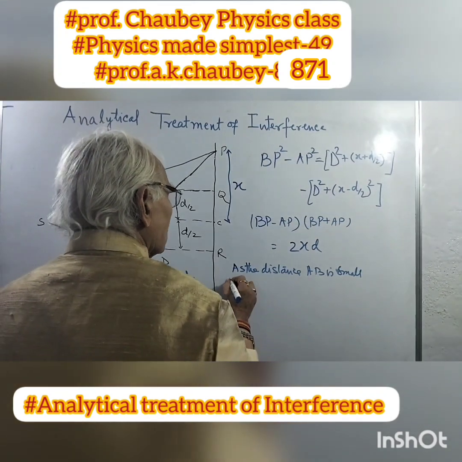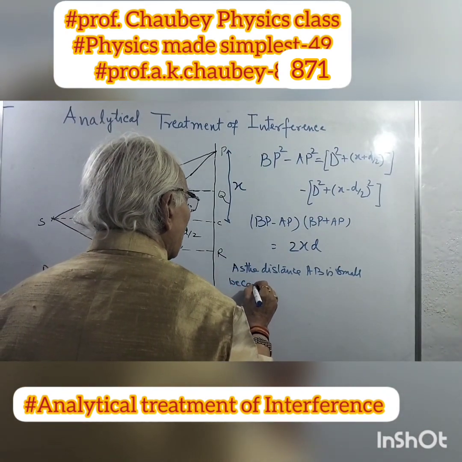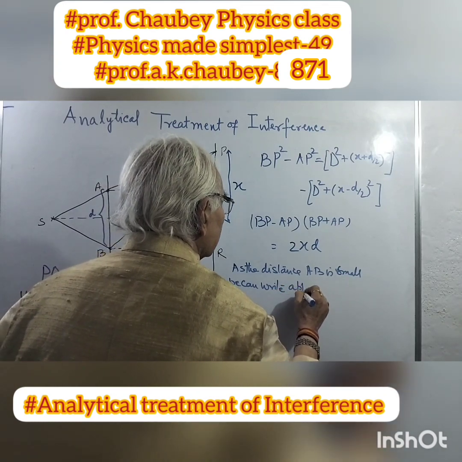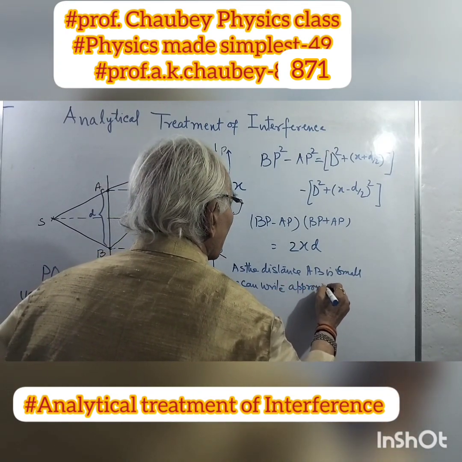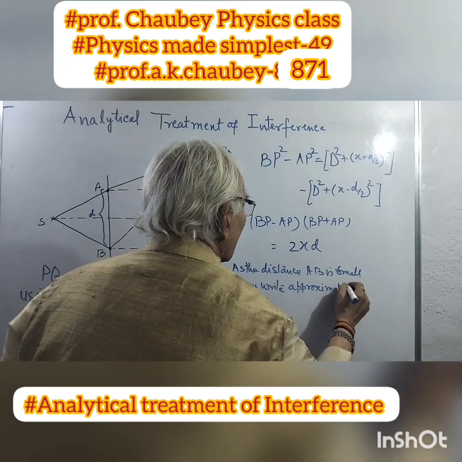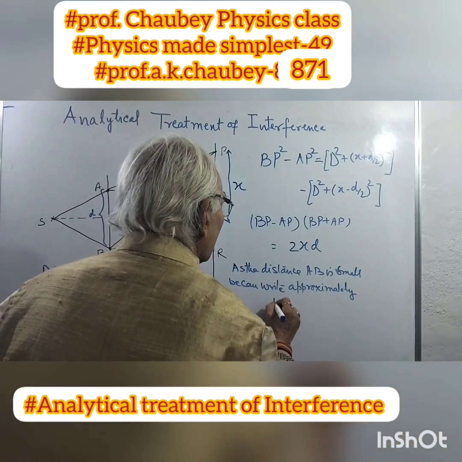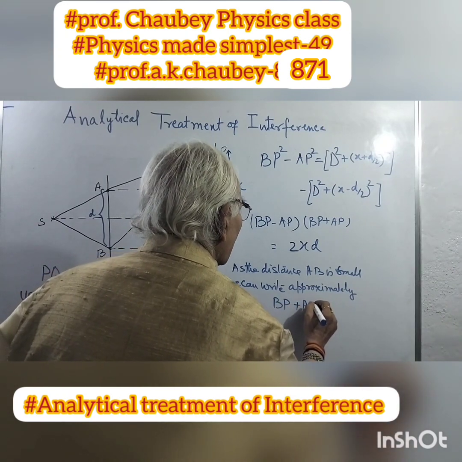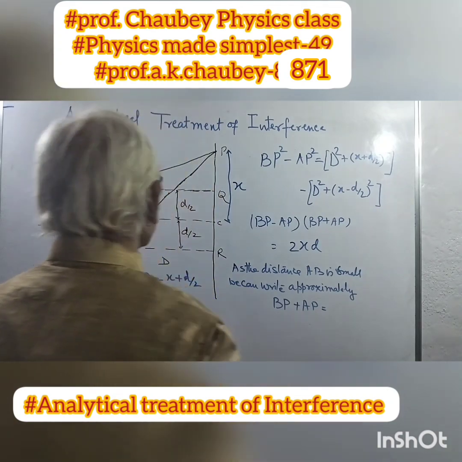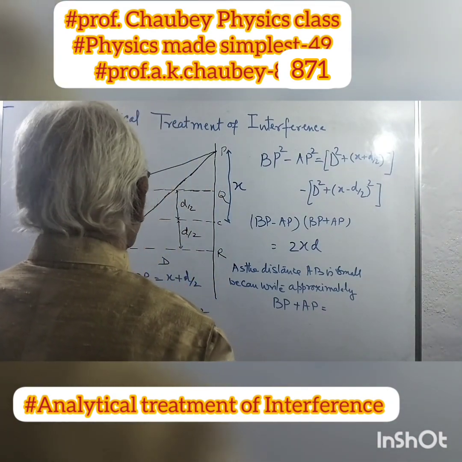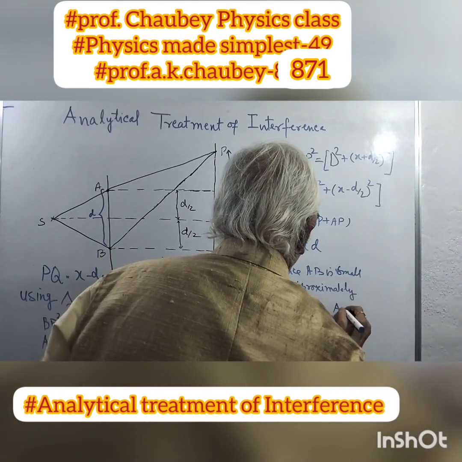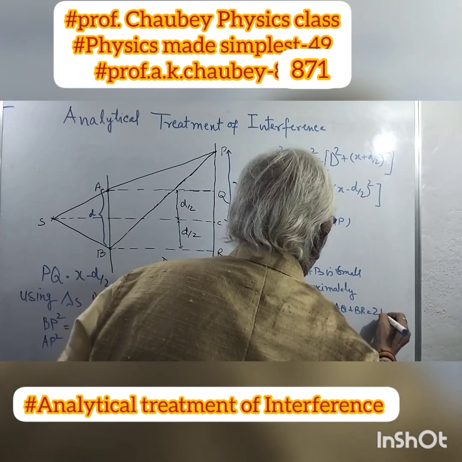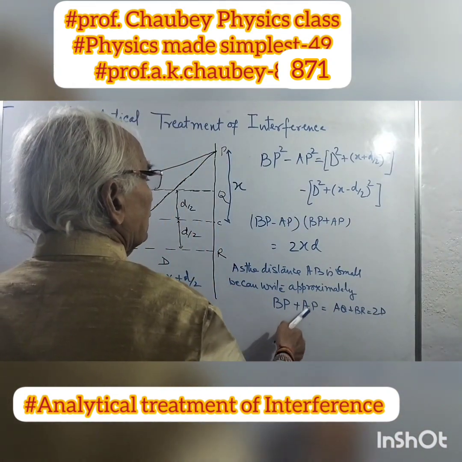So we can write approximately BP plus AP is equal to BR plus AQ, that is equal to twice of D. So this we can take twice of D.